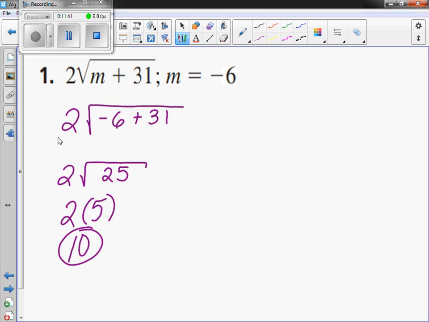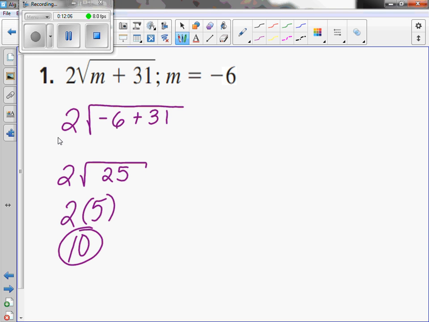You're good. Since you plugged the whole thing in, you got the final answer. I was just doing it step by step. So some of these you'll be able to plug the entire thing into the calculator. I already did the next one, the one on the next page.